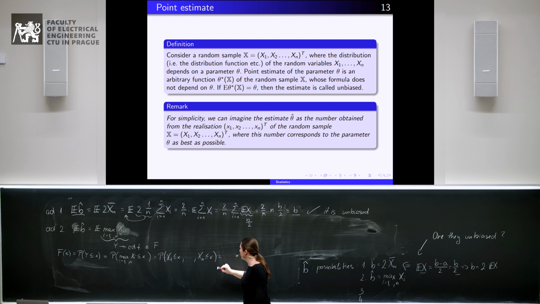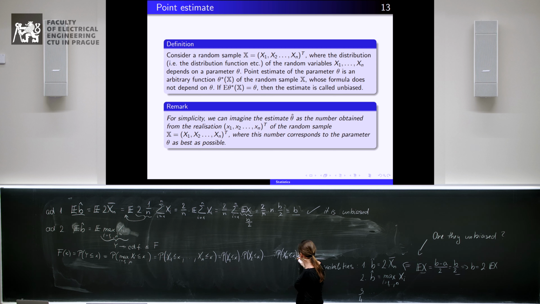And since we know that in the random sample the random variables are independent, we can write that it is the probability that x1 is less or equal to x times the probability that x2 is less or equal to x, and so on, times the probability that xn is less or equal to x.